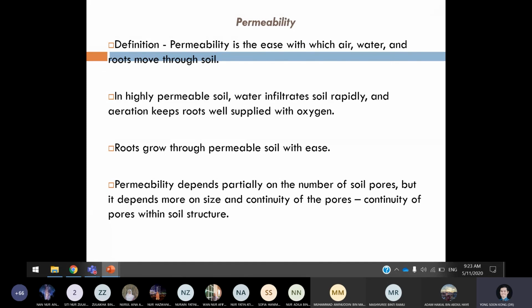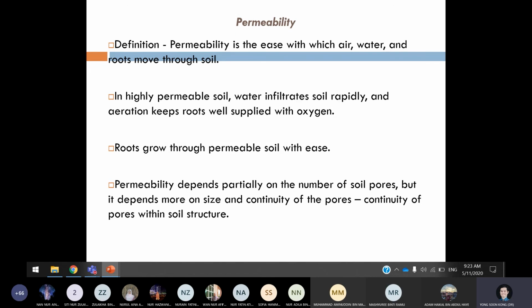Earlier I told you sand has lower porosity than clay. However, the permeability of sand is higher than clay, as we all know, because sand has a lot of big gaps, big macropores, to allow water to flow through. Although these macropores may not translate into high porosity, they definitely translate into high permeability.